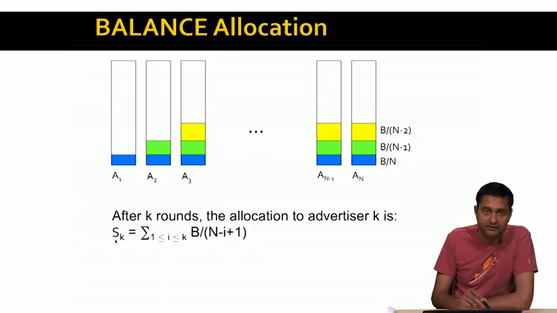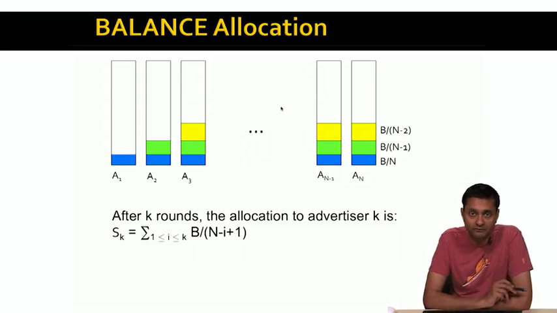Sk, which is the allocation to advertiser k, is given by the sum from 1 through k of B divided by n minus I plus 1. Okay? So the allocation to advertiser I is B by n plus B by n minus 1 plus B by n minus 2 and so on until B by n minus I plus 1.